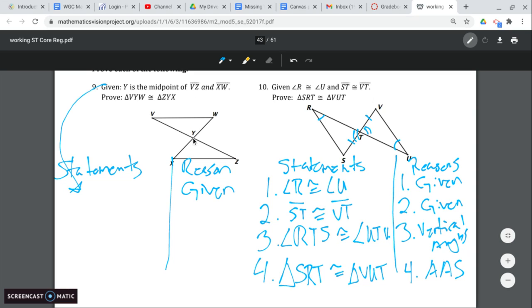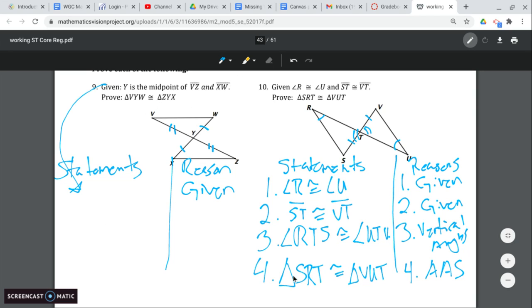So that means this point Y right here is exactly in the middle of each of those sides, which means this right here and this right here have to be the same length, and right here and right here are also the same length. So using that given, you can state these things here. So that'll be the next 2 parts of your proof.